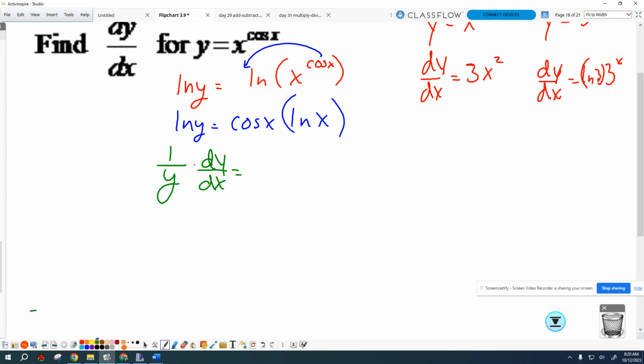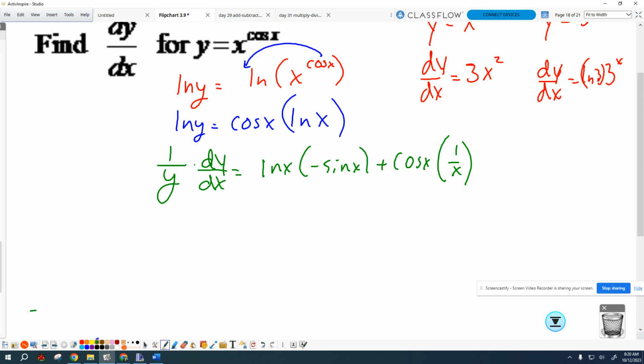Fiona, here on this side, it's a product, so do product rule. What is natural log x times negative sine x plus cosine x times 1 over x. Perfect. Just did it backwards, but that's okay.